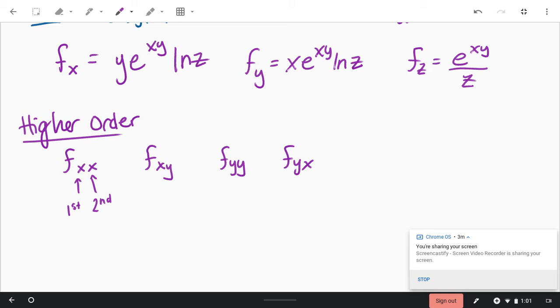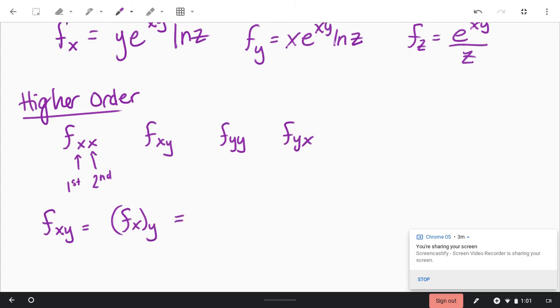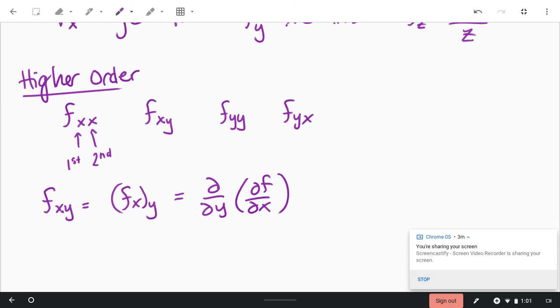Other ways of writing that, I'll take one where they're different. You could write it as this. Okay, so that's a little more explicit that you do x first and then y. So is this one. Take the partial with respect to x first and then y.